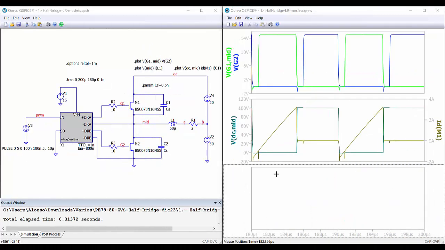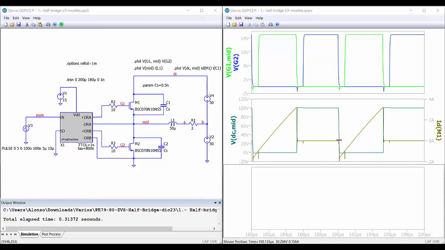As a final comment, one interesting thing that I discovered while making this video is that using Qspice you can directly measure the current through the body diode of the transistor. For example, here we have transistor M1. These are the waveforms. This is the gate signal in green corresponding to transistor M1.